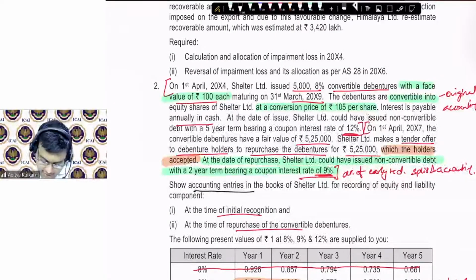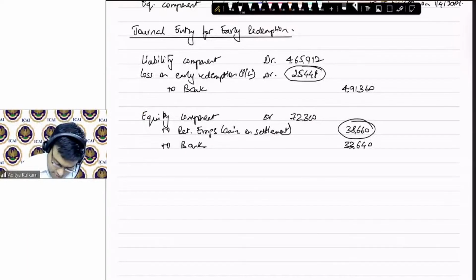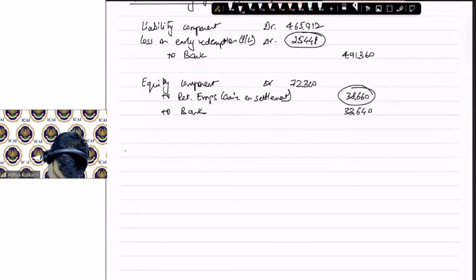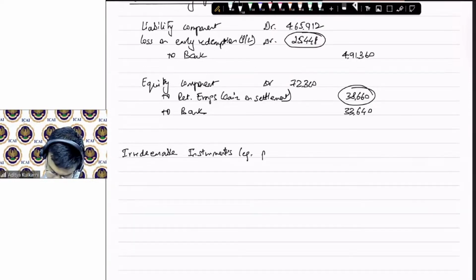Okay. So let us then proceed further. Irredeemable instruments. Example, perpetual bonds.